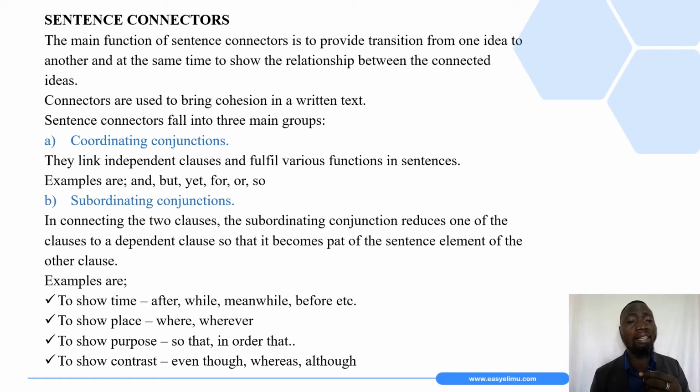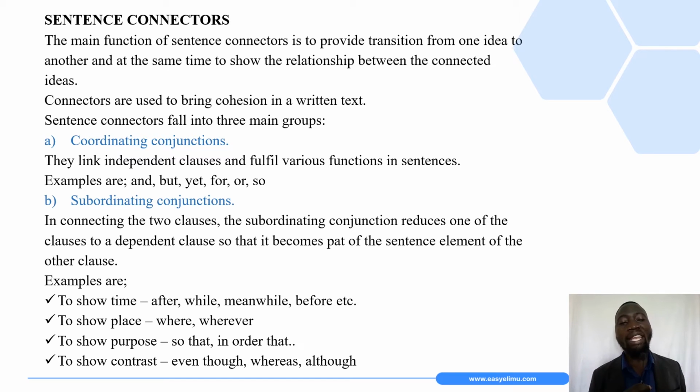So to start, dear students, the main function of sentence connectors is to provide transition from one idea to another, and at the same time, their function is to show the relationship between the connected ideas. This is to say that connectors are used to bring cohesion in a written text.